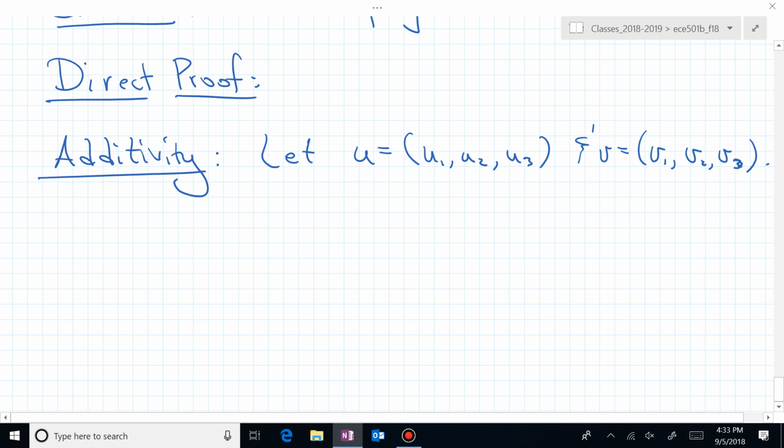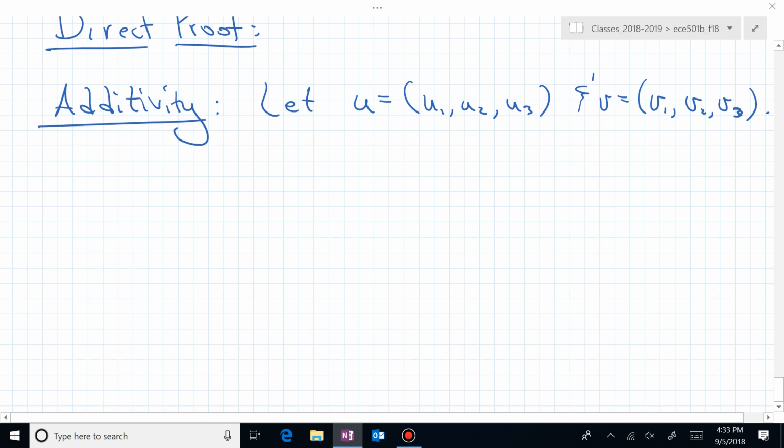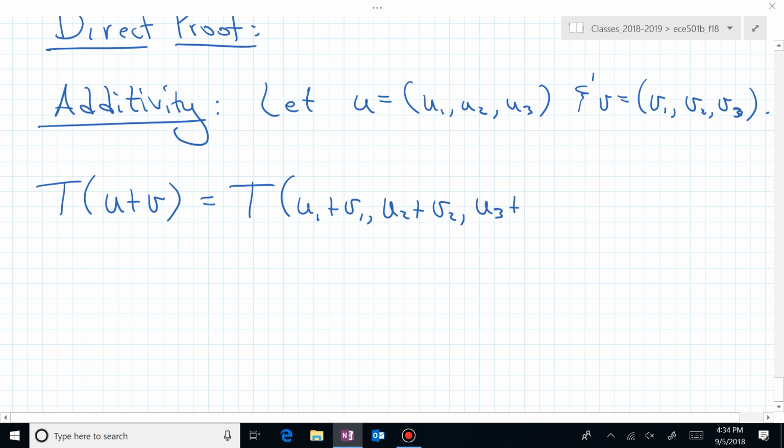We haven't specified exactly what those are. We just said take U and V, so those are arbitrarily selected from the input vector space. T of U plus V is now going to be T of U1 plus V1, U2 plus V2, and U3 plus V3.